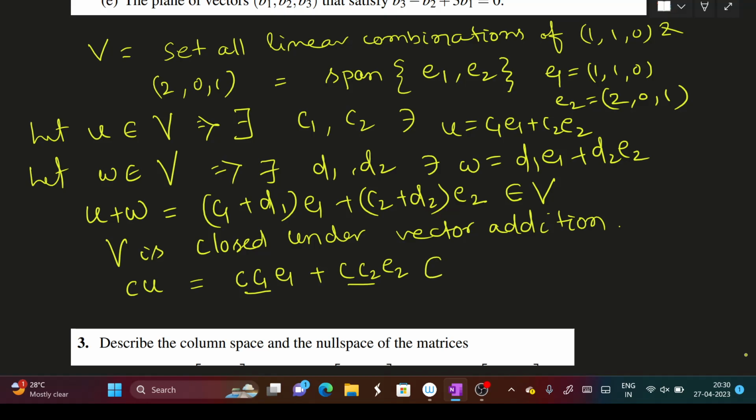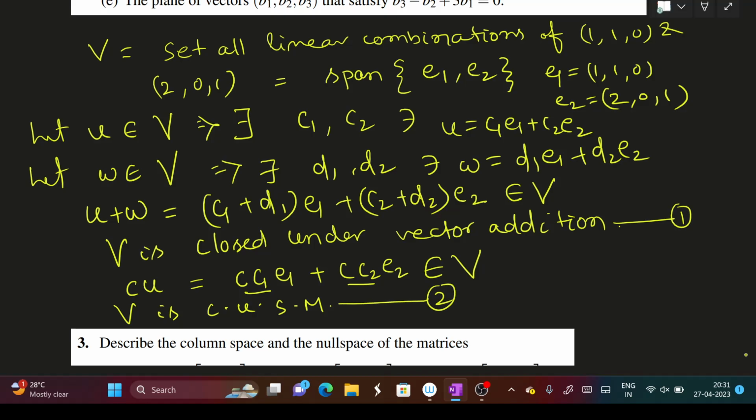Hence that also belongs to V. So V is closed under scalar multiplication. So this is another property.